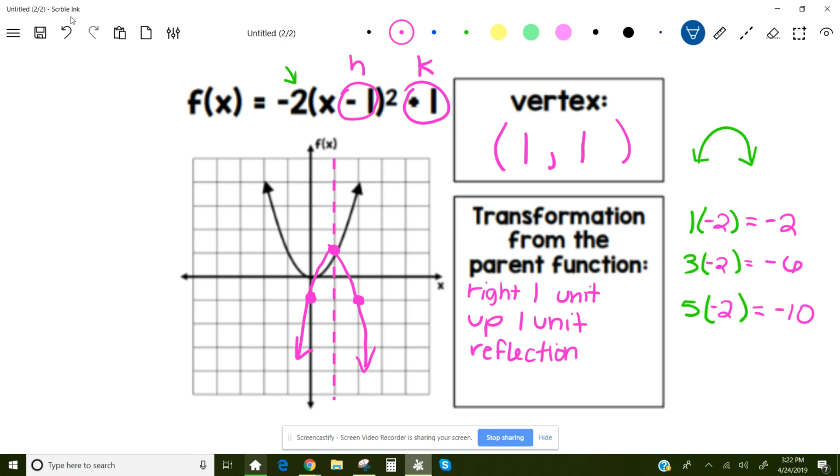And then we also got narrower. So it got more narrow. So these are all 4 things that happened from my original one, which my original is this one here that's in green, to the one that I have here in pink.